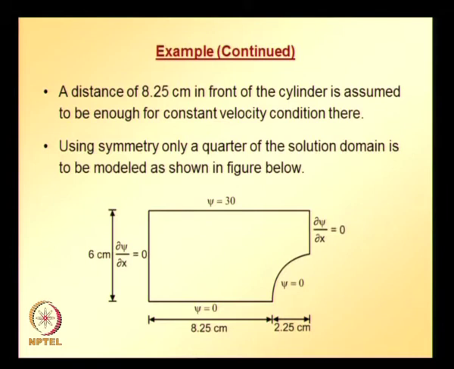Because of symmetry, the partial derivative of stream function with respect to y, which is indirectly related to Vy, the fluid velocity along the y direction, is also 0 along the line of symmetry on the right hand side.